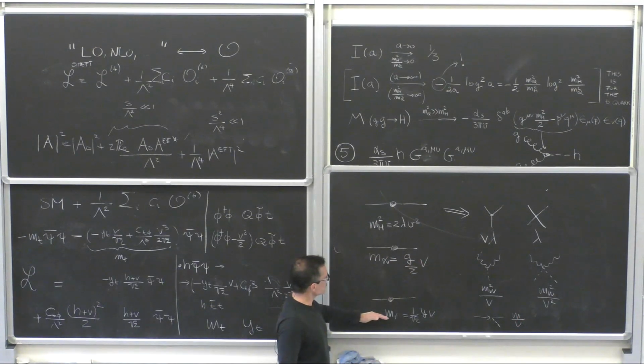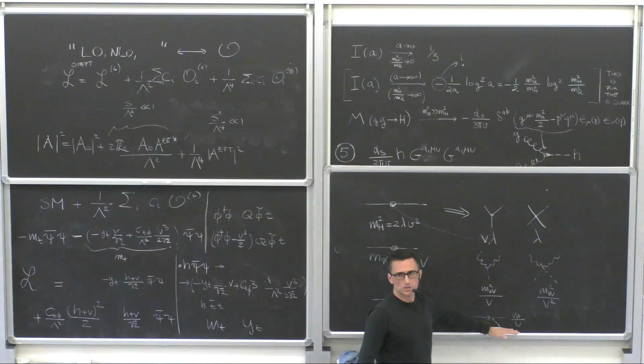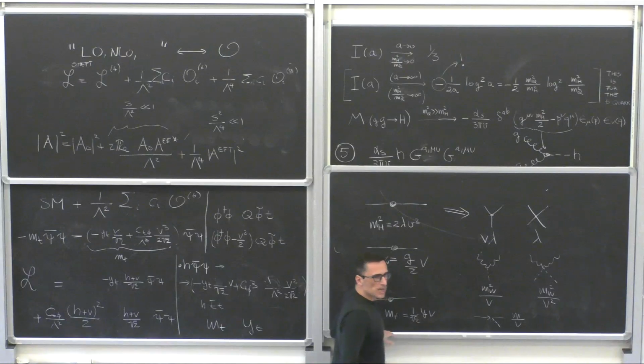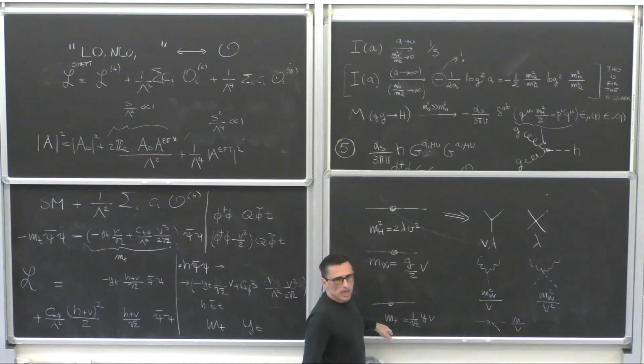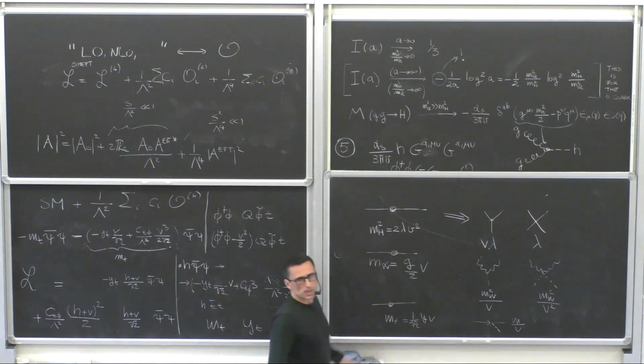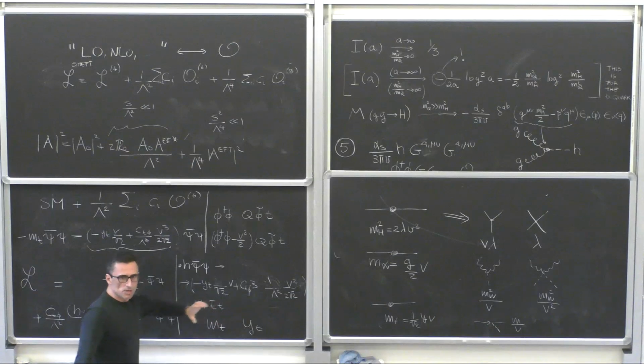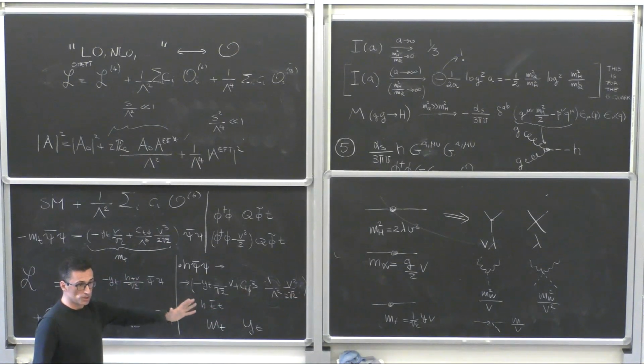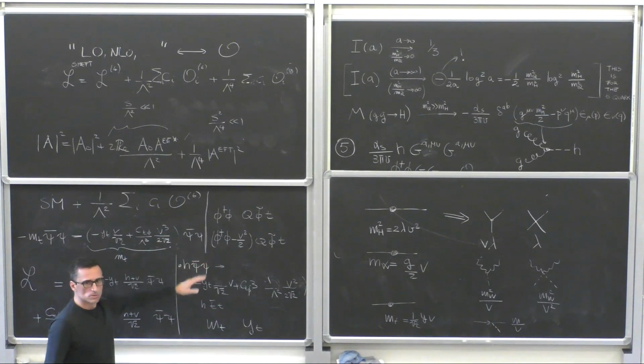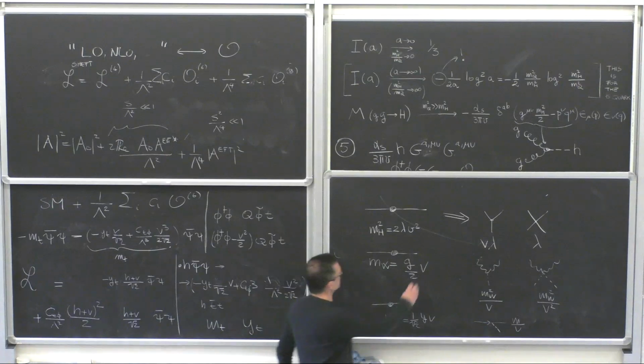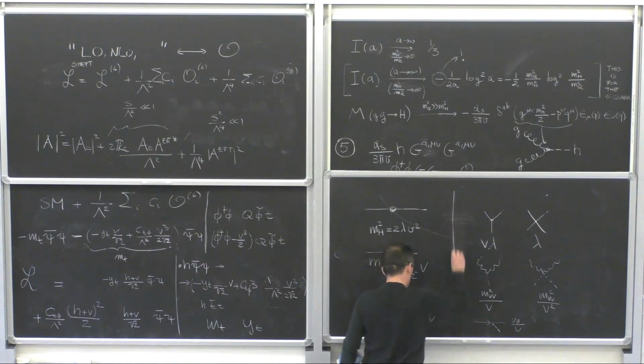Knowing the masses, you know all the interactions in the standard model, like in the electroweak sector of the standard model. So what happens if you add dimension 6 operators in general, like this one? What you do, you break it. You break it here.